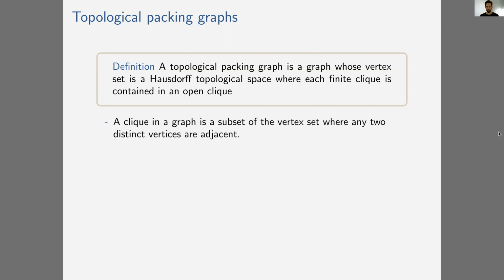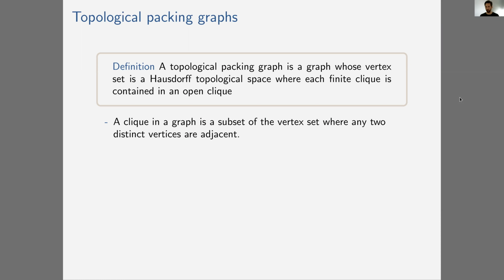So what does this condition mean? Think of spherical caps that are adjacent. Geometrically, that means that these spherical caps intersect in their relative interiors. If you perturb these spherical caps a little bit, they will still overlap in their interiors. That's exactly this condition that finite cliques are contained in open cliques.